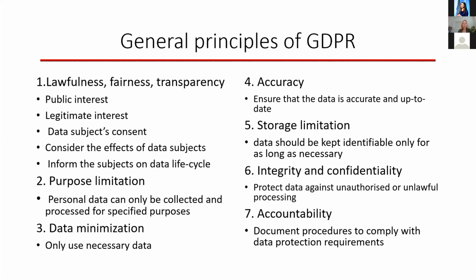Accuracy is to ensure that the data is accurate and up to date. Storage limitation. Data should be kept identifiable only for as long as necessary. Integrity and confidentiality. Protect the data against unauthorized and unlawful processing. And accountability. Document procedures to comply with data protection requirements.